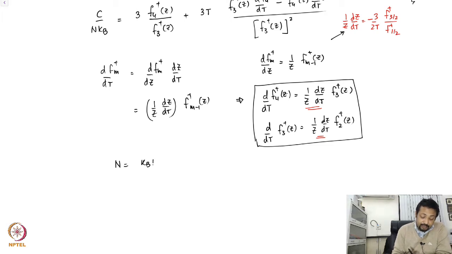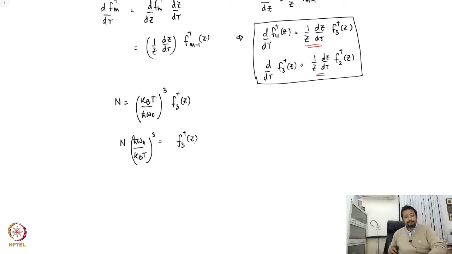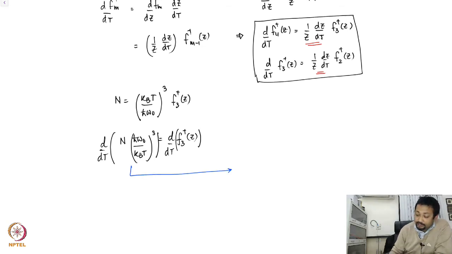Particle number, for a harmonically trapped Bose gas, is given by kBT divided by h bar omega naught whole cube times F3 plus of Z, so that I have N times (h bar omega naught over kBT) whole cube is going to be F3 of Z. Now let's take a derivative with respect to temperature, both in the left hand side as well as in the right hand side.